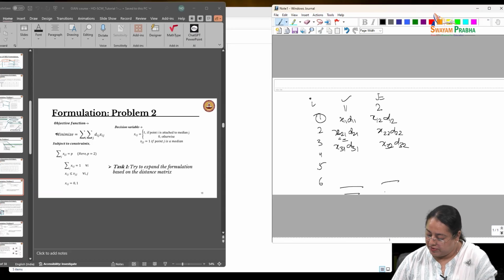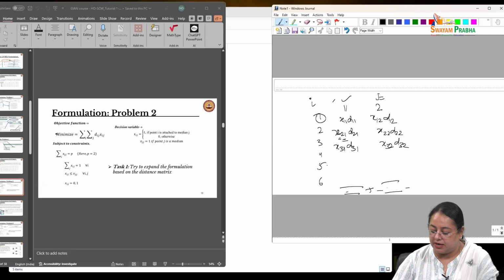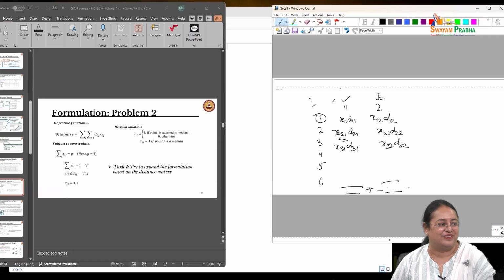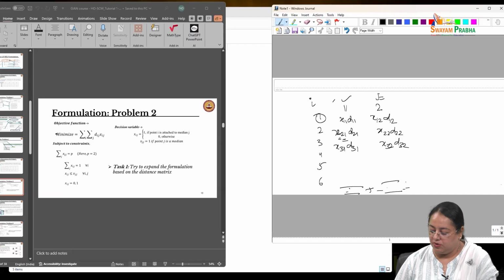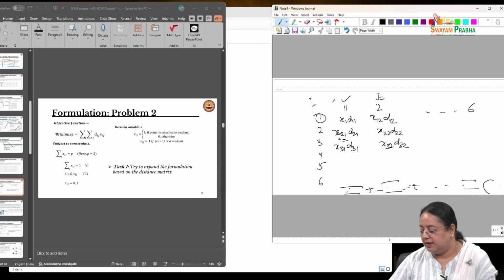So this also you will add, and this also you will add at the end. So that's why you need two summations. One summation is summing across j, and this summation is across all I. Are you getting now? So we will try to do this up to 6 facilities, and add them all. So we will get the minimum distance.